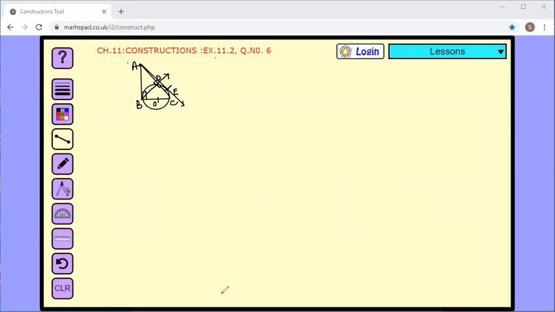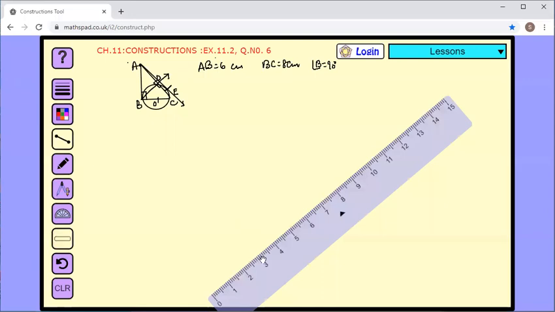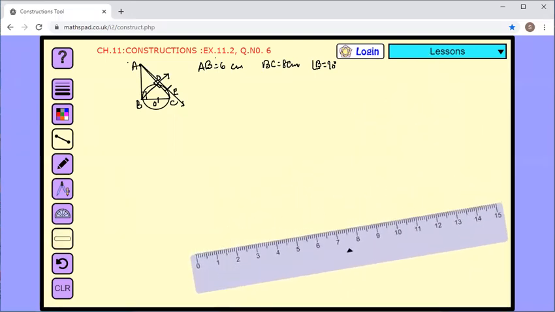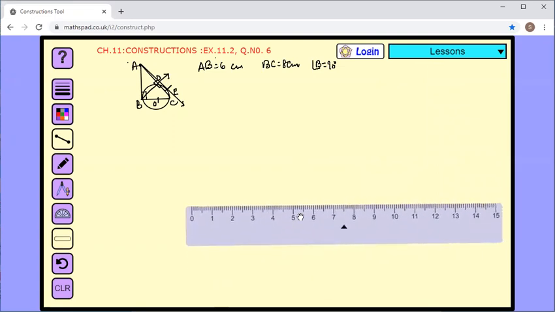Now let's start working. First of all, he is saying to construct a right angle triangle ABC with AB equal to 6 centimeter, BC is equal to 8 centimeter and angle B is equal to 90 degree. So here begins our construction. First of all, we will take a scale, draw a line segment of 8 centimeter.